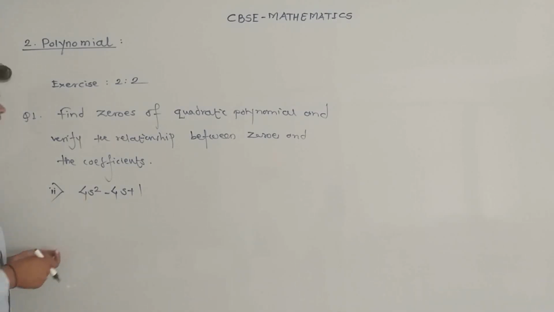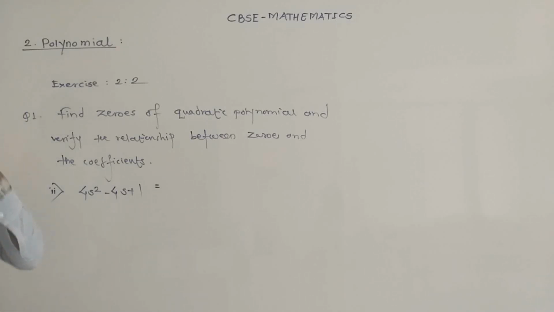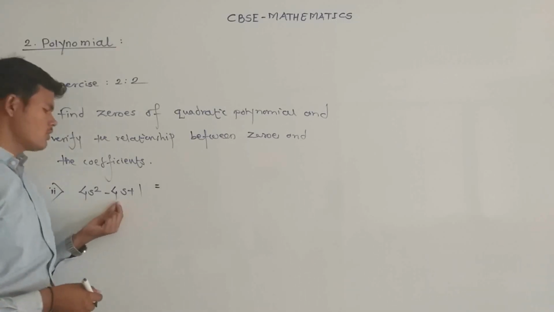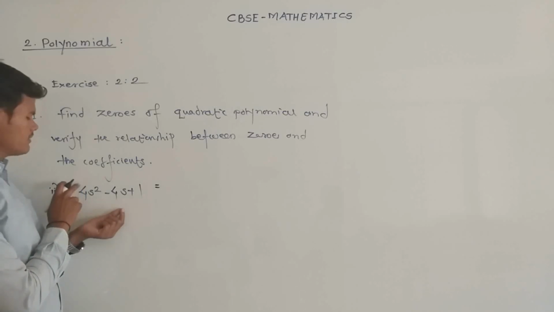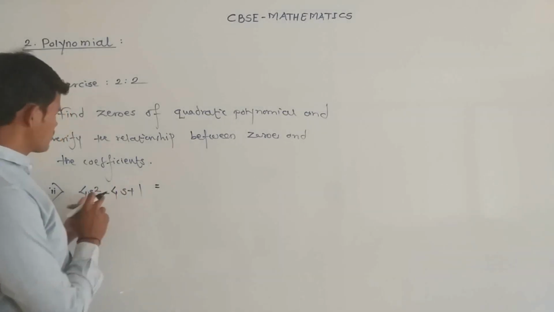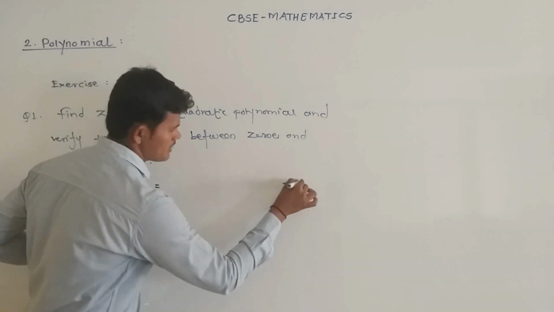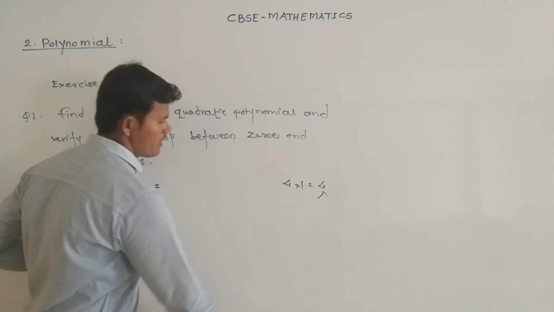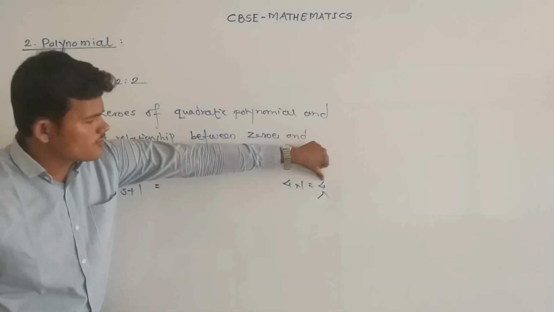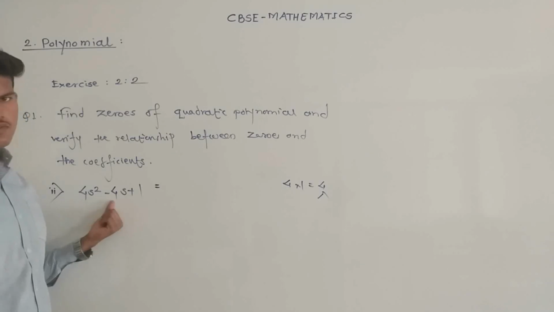Okay, first let's find zeros of the polynomial by splitting the middle term. For that multiply the coefficient of s square and the last term. So the coefficient of s square is 4 and the last term is 1, so we get the multiplication as 4. Now find the factors of 4 whose multiplication is 4 and sum is minus 4.